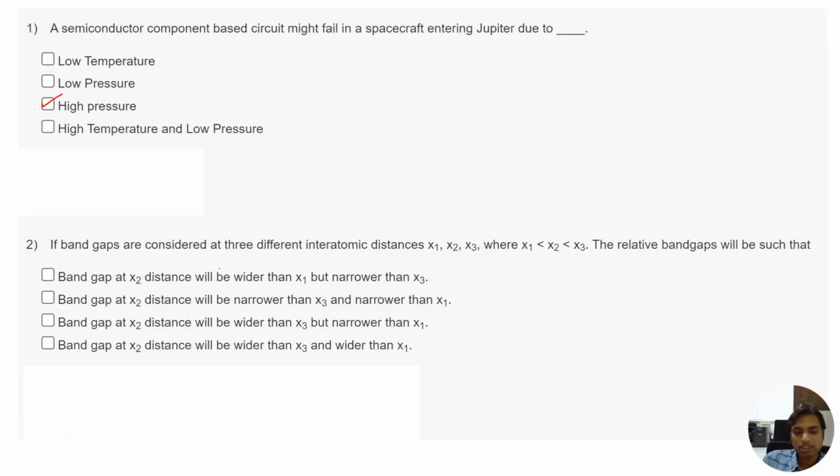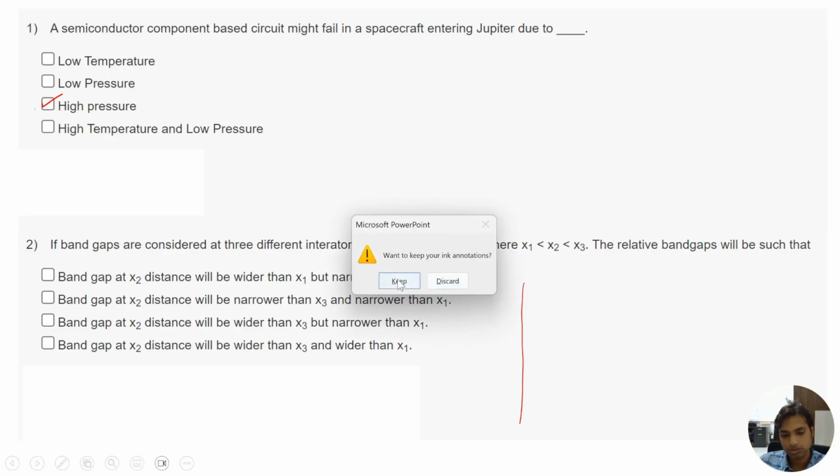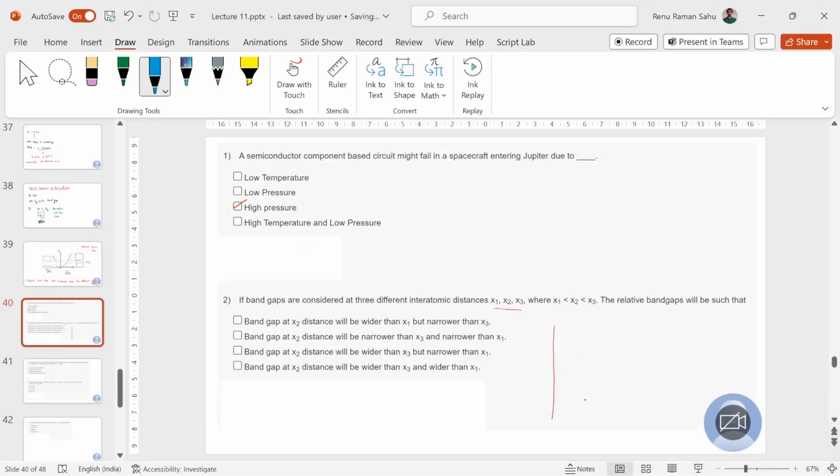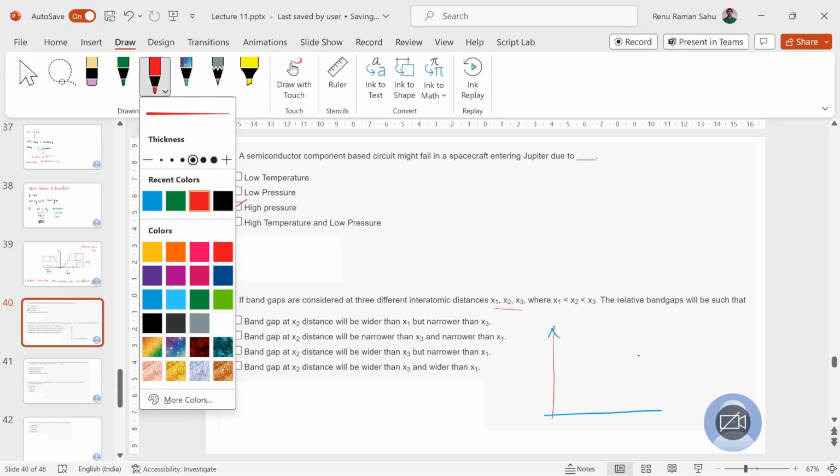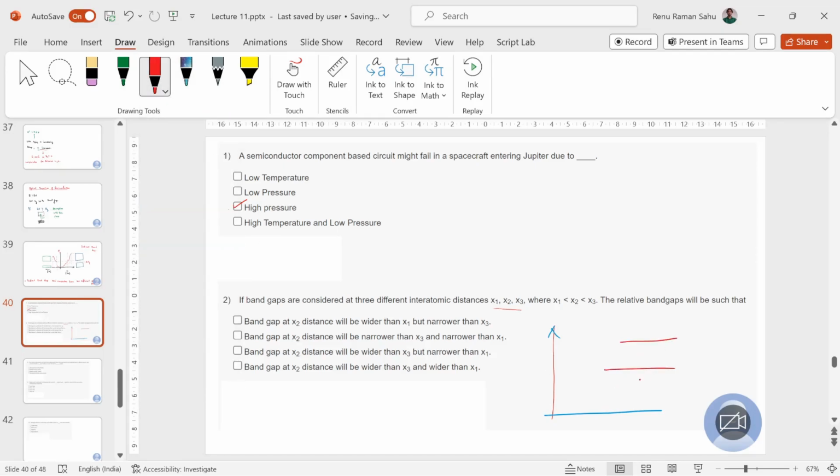If the band gaps are considered at three levels of interatomic spacing x1, x2, x3, so you remember this plot, no? X1 is less than x2, which is less than x3. We had this plot, and we were doing something like this.